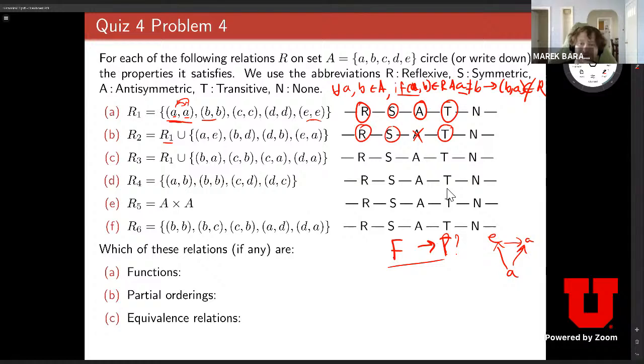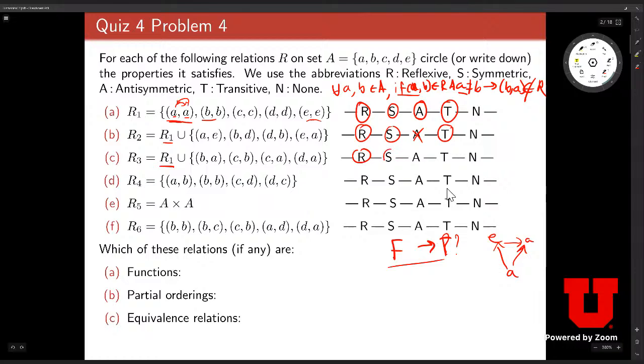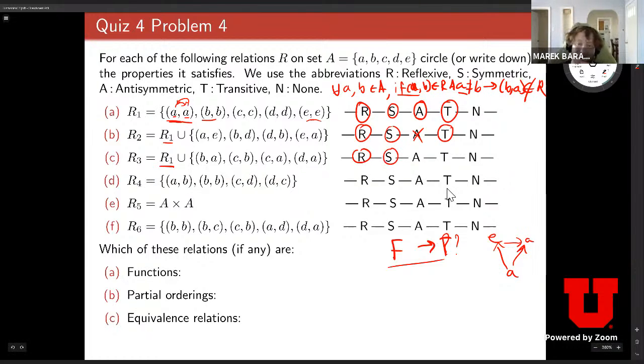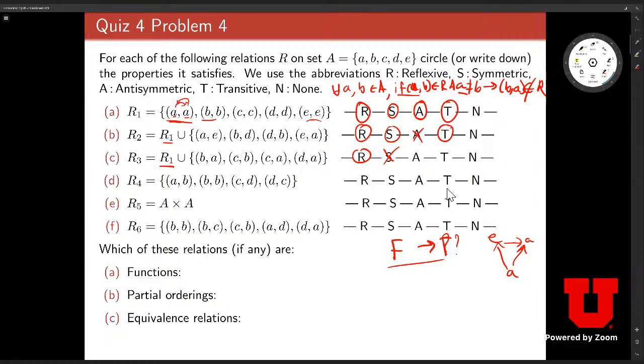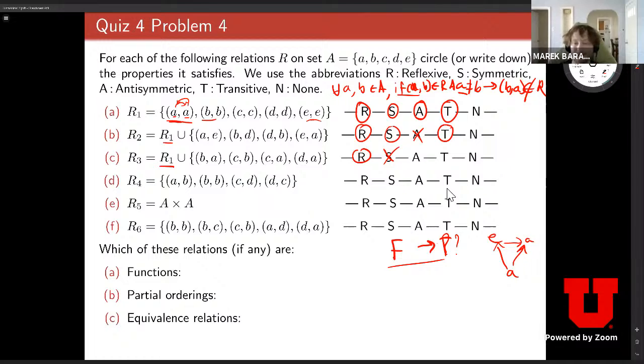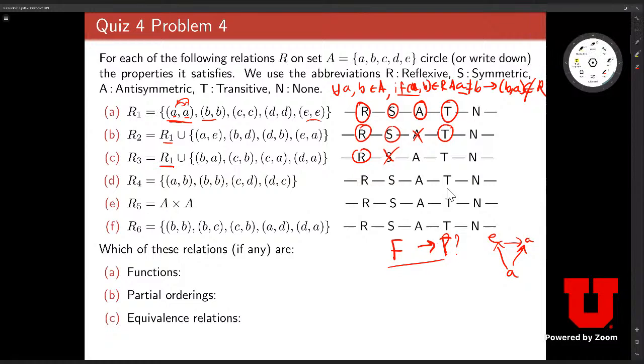For this one, again, we have R1, so it's reflexive. Is this one symmetric? No. And it's not symmetric because there are one-way arrows. Exactly. Is it anti-symmetric? Yes.